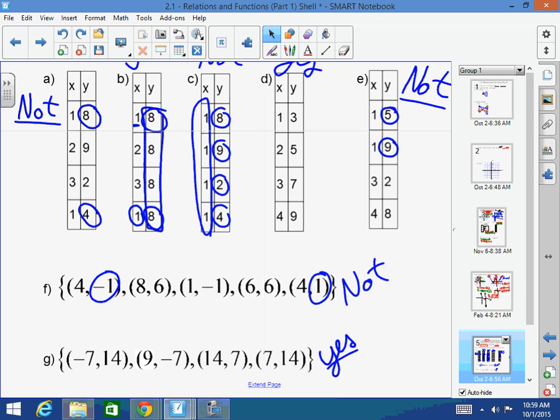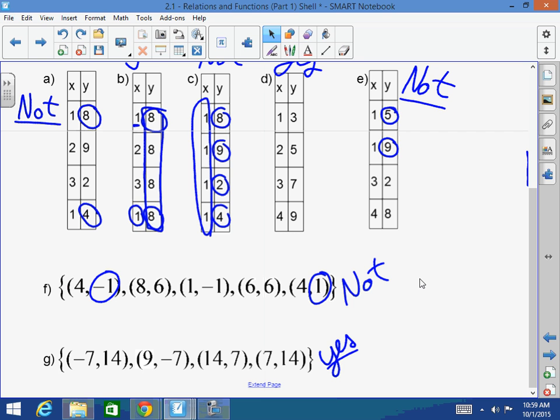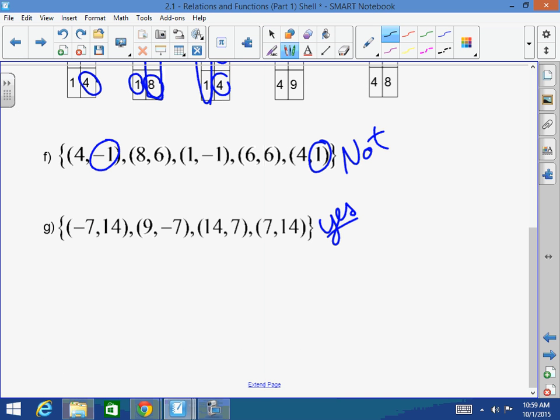Gentlemen, does that make sense so far? I am sure that G is a function. (-7,14), (9,-7), (14,7), (7,14). Where do you have the same x giving you different outputs? Does that make sense, my brother? That's okay. Thank you for caring.